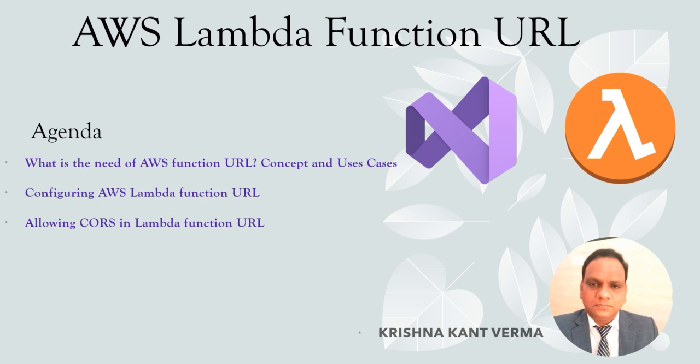So if you have to execute any Lambda function and you have to retrieve the response with the help of a user-friendly URL, in that case, the function URL comes into the picture. We can generate the function URL from AWS Lambda for a particular Lambda function, and we can hit that on the browser. Okay, so let us see on the console how to create that function URL.